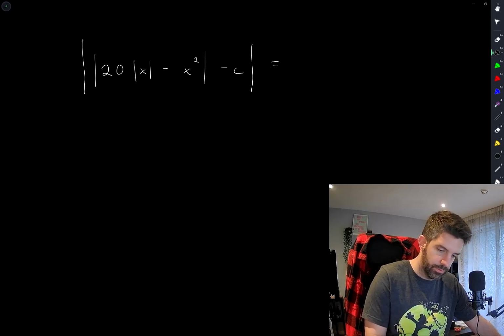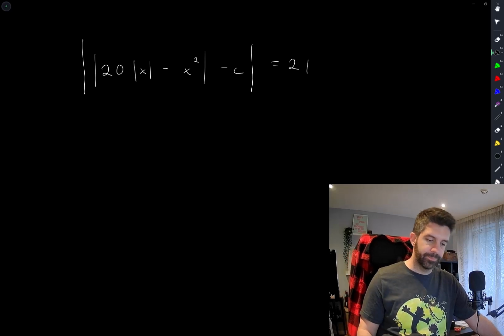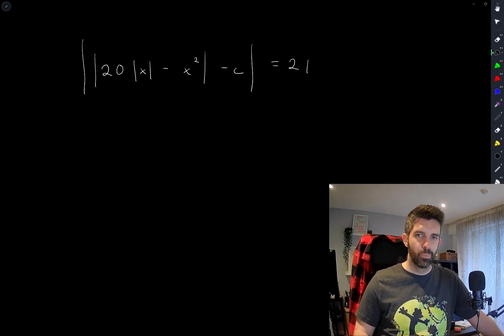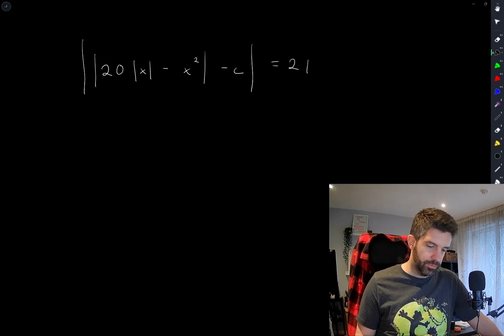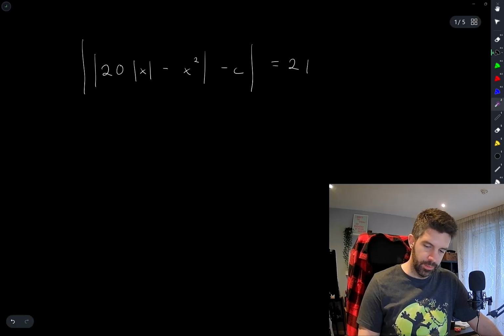We'll see. So this is equal to 21. So this is supposed to have 12 distinct real solutions.